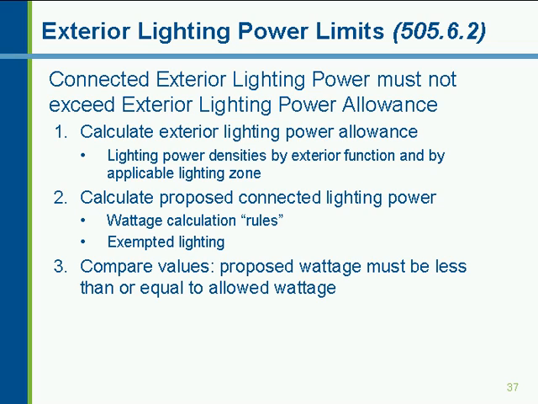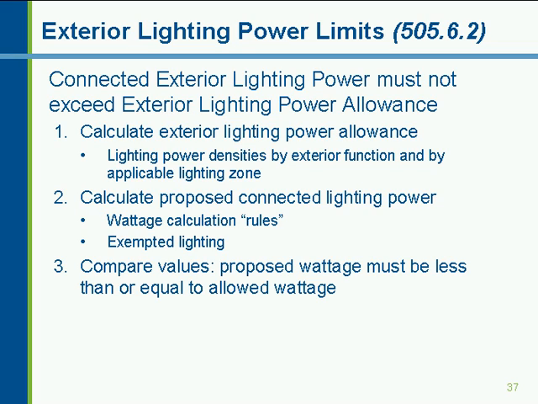So exterior lighting power limits, similar to the interior lighting power limits, there is a parallel set of exterior lighting power limits. These are applied not so much on an exact space type, but more on an application or surface type. But the process is the same.